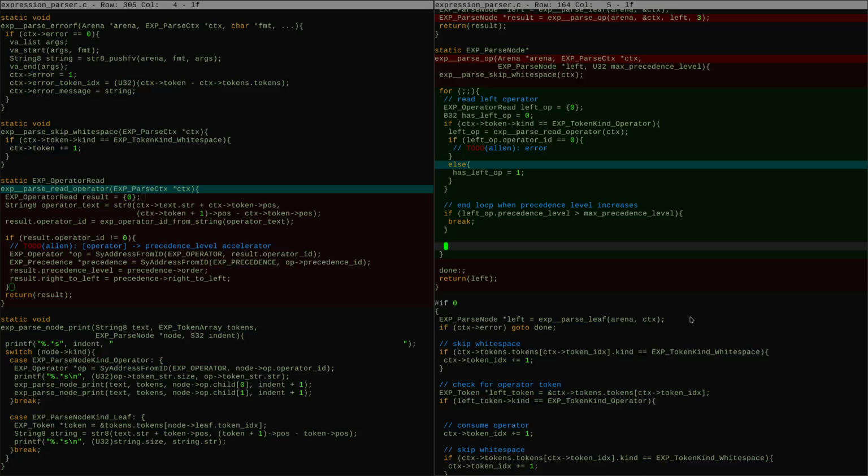So, okay, if I'm reading a plus operator after I've been at the times level, then I'm going to break and go up the stack. But if not, now I want to tie and set that left operator here at this level.